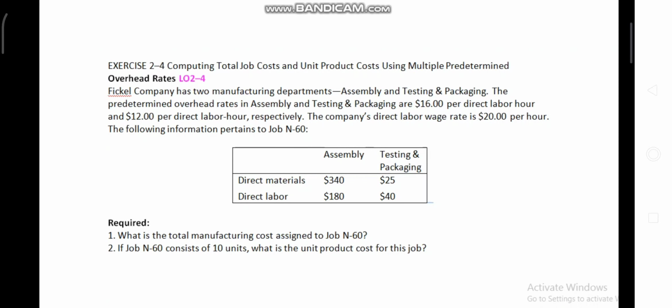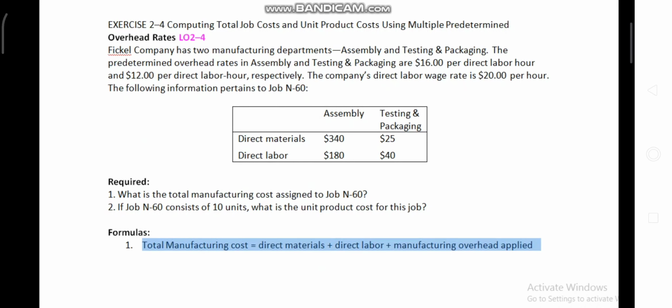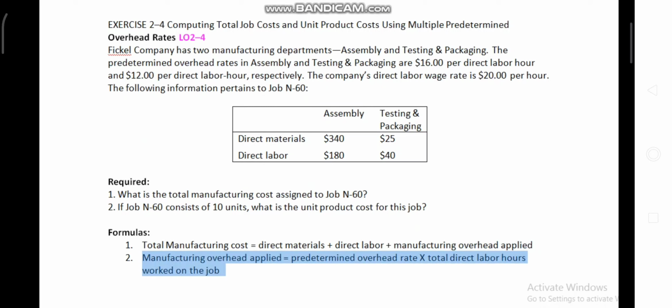Now it's better to list the formulas first. So the first formula for requirement 1 would be the total manufacturing cost equals direct materials plus direct labor plus manufacturing overhead. Now we do have direct materials and direct labor, that's right here, but manufacturing overhead applied is missing. The formula for that is predetermined overhead rate multiplied by total direct labor hours.